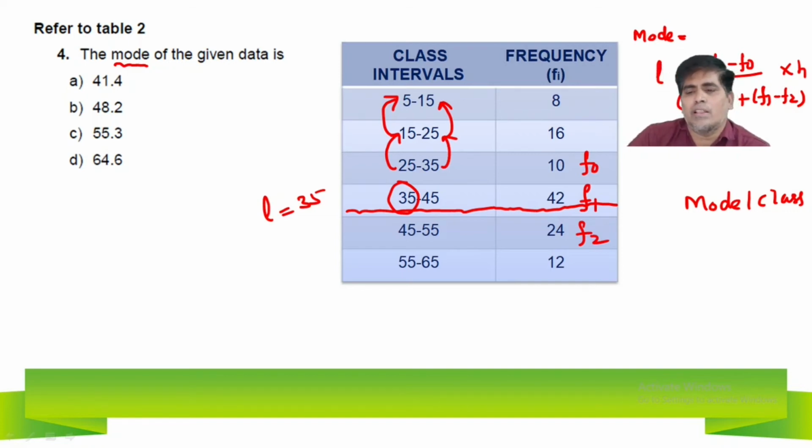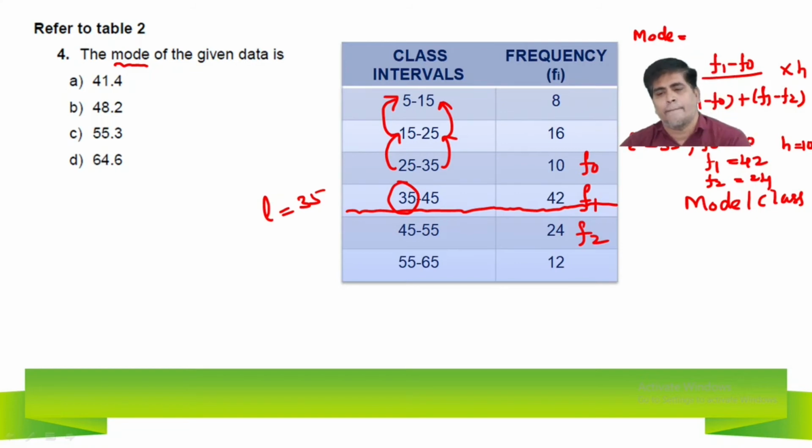So I will write all the values. L is equal to 35. F0 is 10. F1 is 42. F2 is 24. H is the class length, class size, that is 10. Now, for simplification, I am finding F1 minus F0: 42 minus 10, clearly 32.